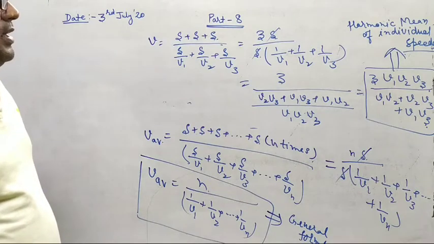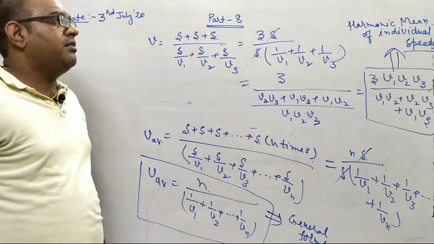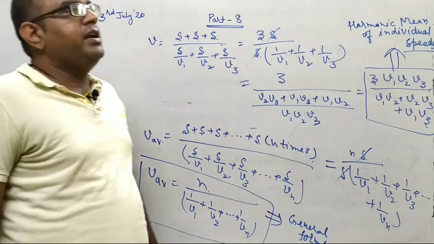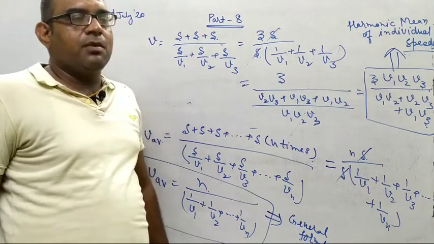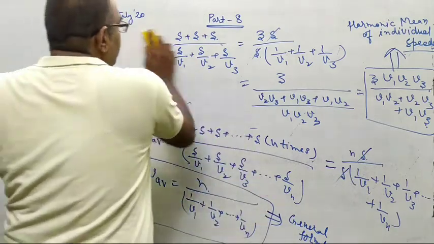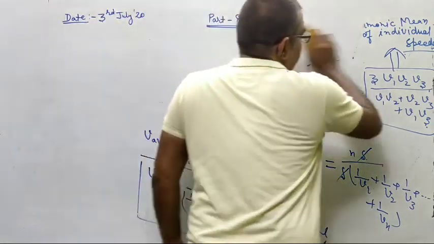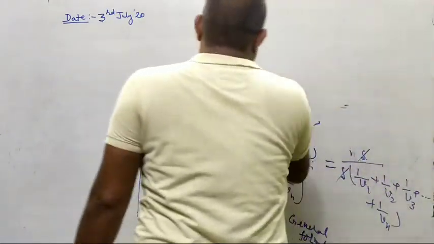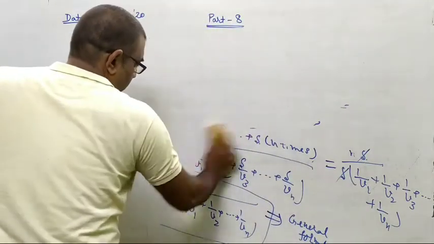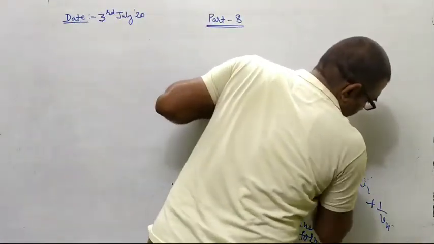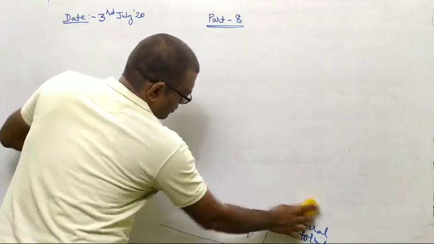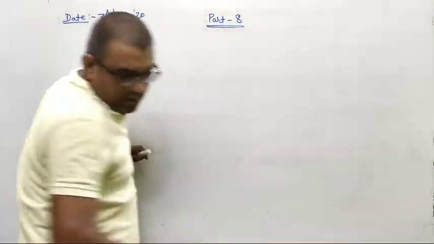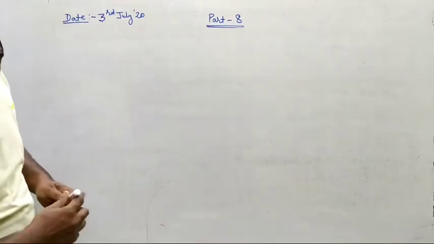If the particle is moving with the velocity v1, v2, v3 up to so on vn in time t1, t2, t3 up to so on tn. Now look at here.